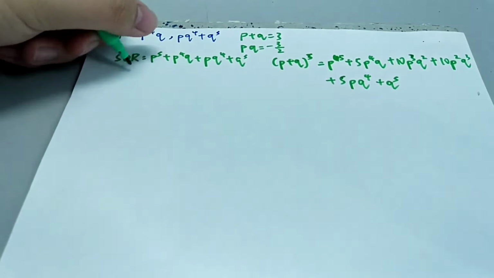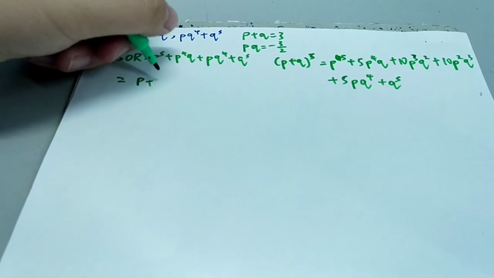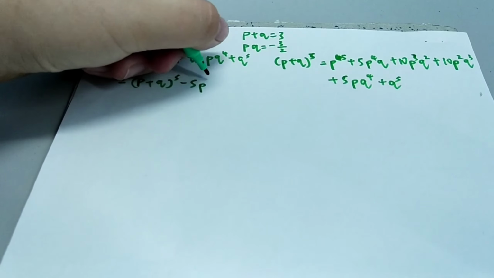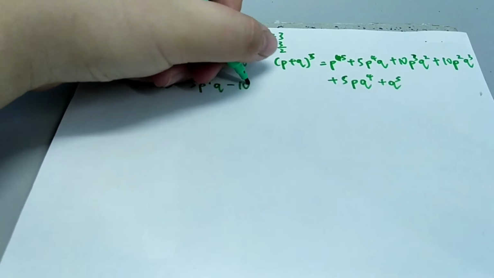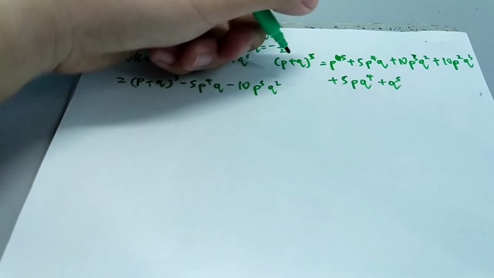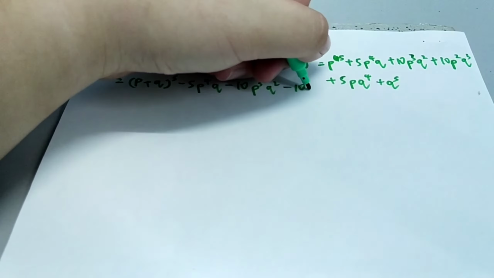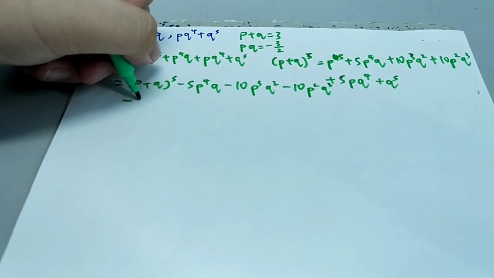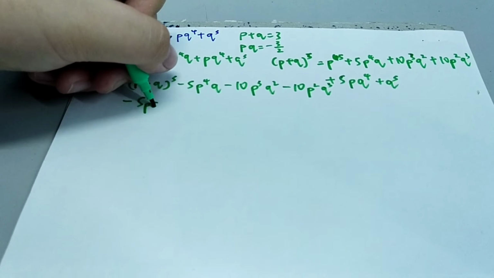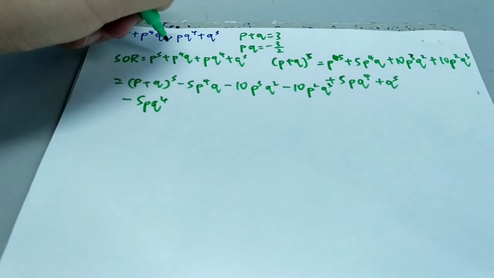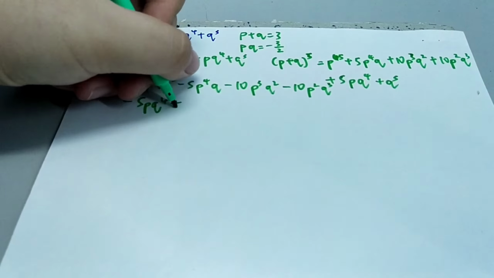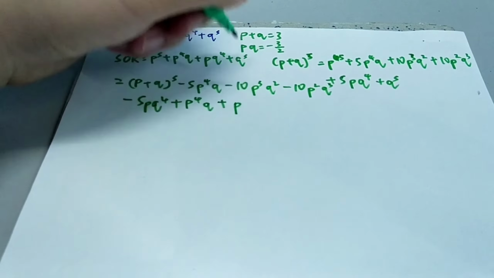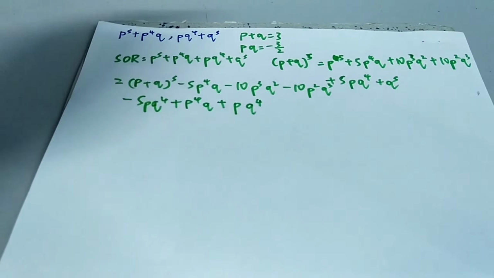So this whole thing is equal to (p + q)^5 minus 5p^4 q minus 10p^3 q^2 minus 10p^2 q^3 minus 5p q^4, and then we plus p^4 q plus p q^4.